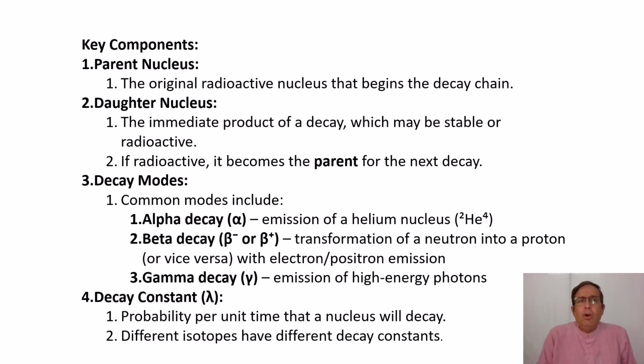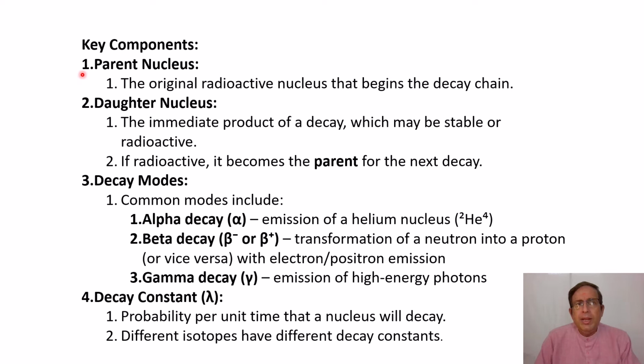So what are the key components in this successive disintegration? Number one is the parent nucleus, which is the original radioactive nucleus which starts the chain.